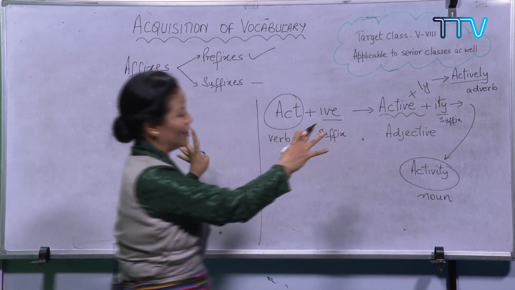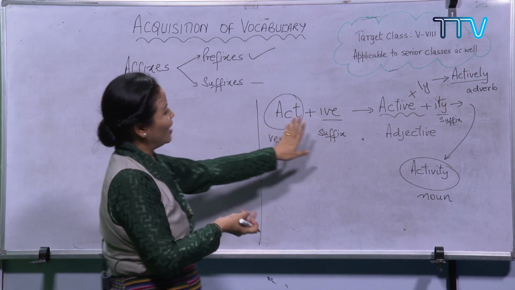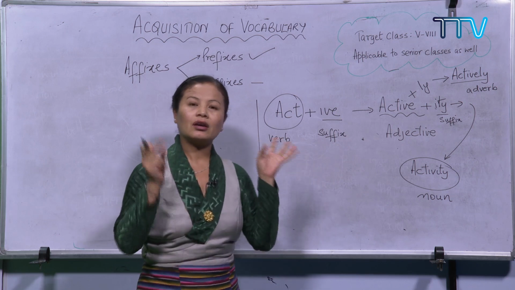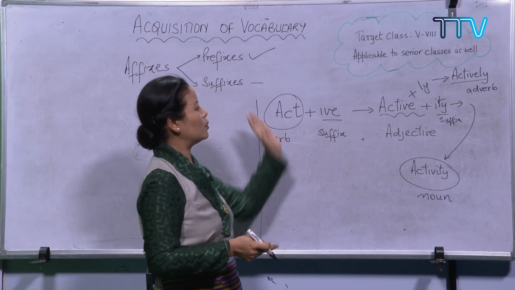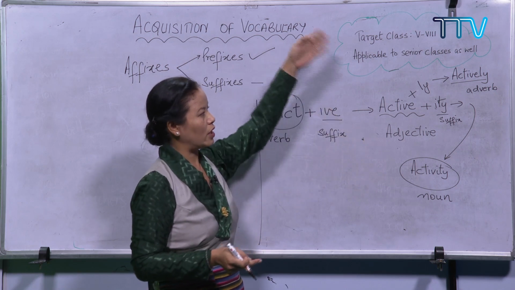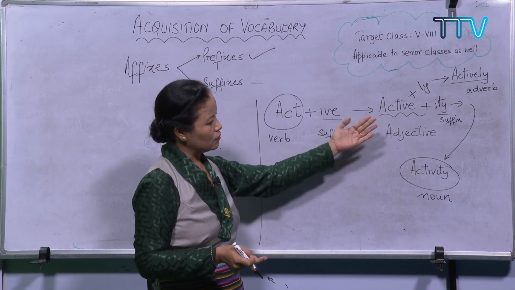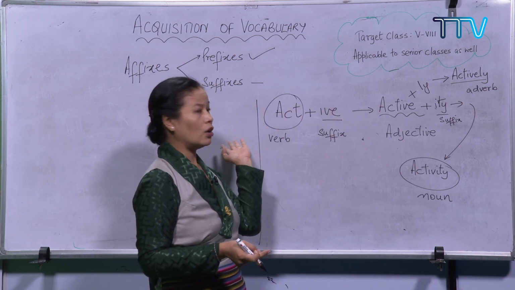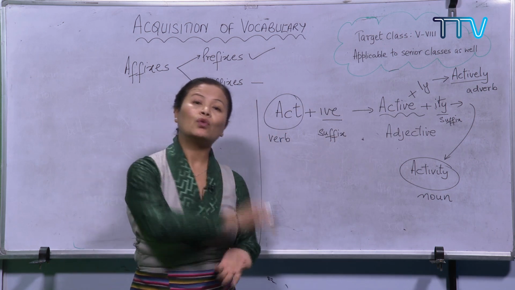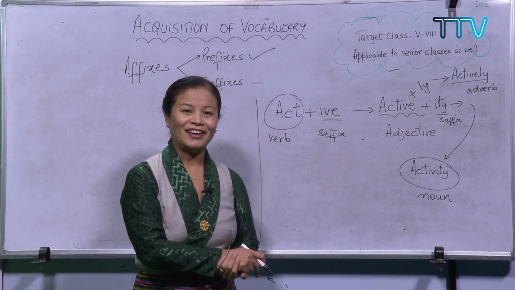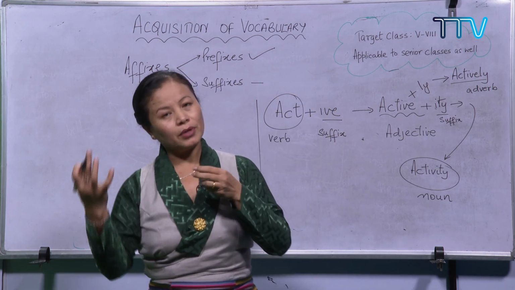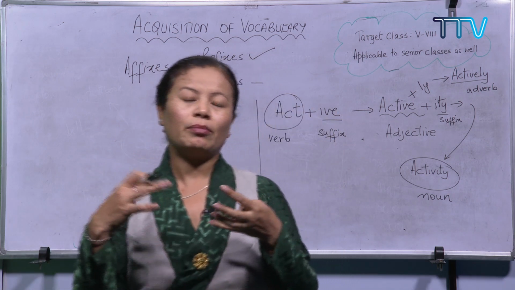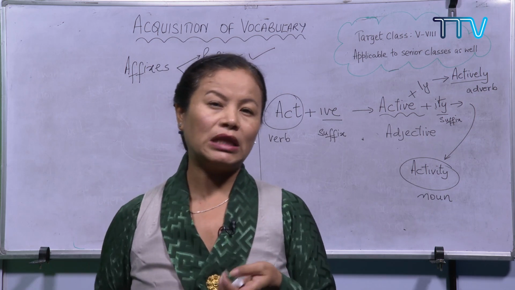Now, what do you see? A suffix can change the class of the word, from verb to adjective, adjective to adverb, or adjective to noun, or it can even change noun to verb. In the previous session I told you how a prefix changes the meaning.